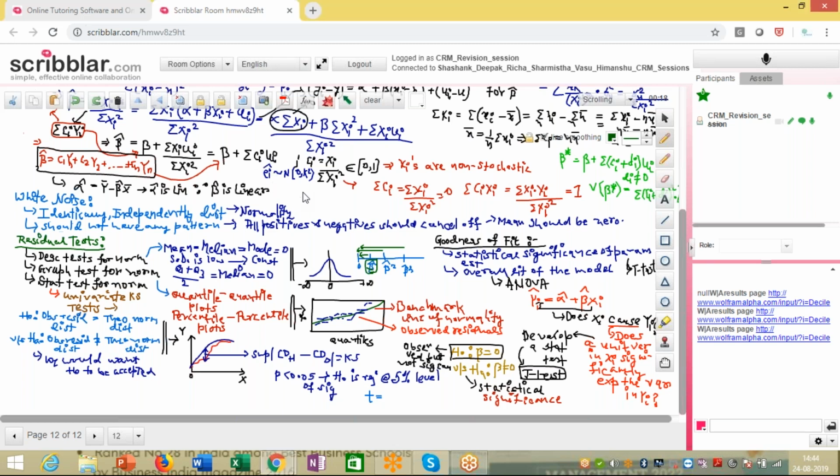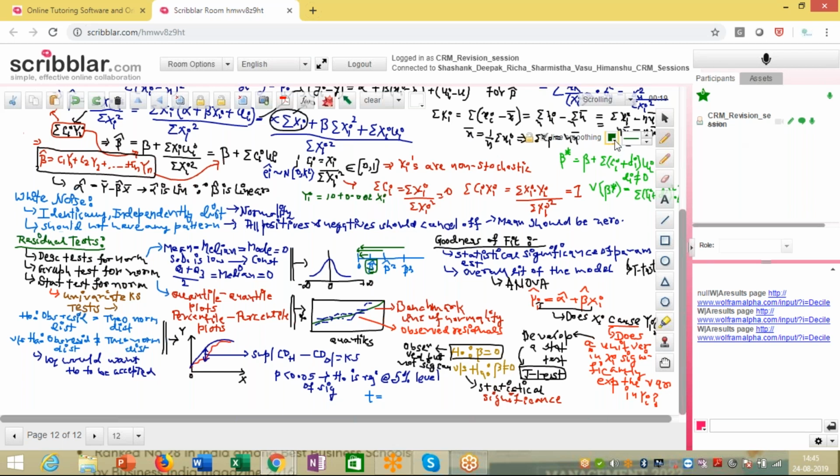Let me give you a quick example. Let's say Yi is 10 plus 0.002 Xi. One thing you can see is that for every unit change in Xi, Y will increase by 0.002 units.